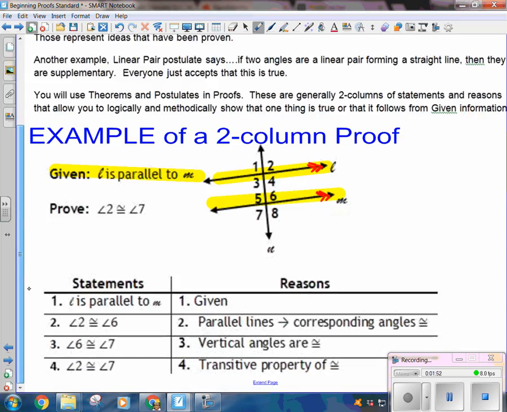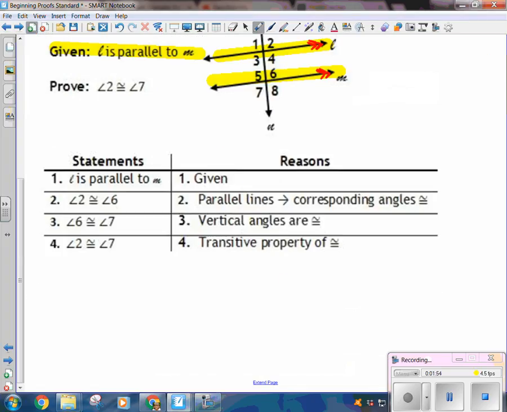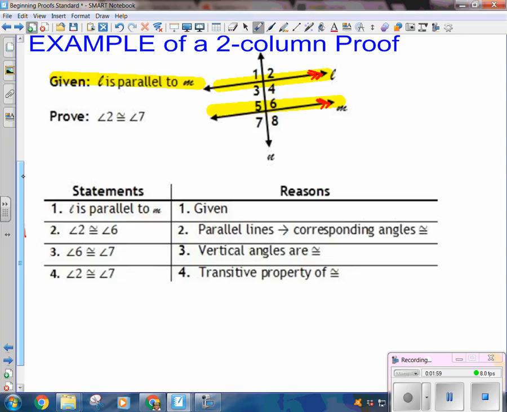I want you to notice that in the two-column proof, here is the entire two-column proof. The proof has a given piece of information. This is what they're going to tell us to get us started. They're going to give this information to us.